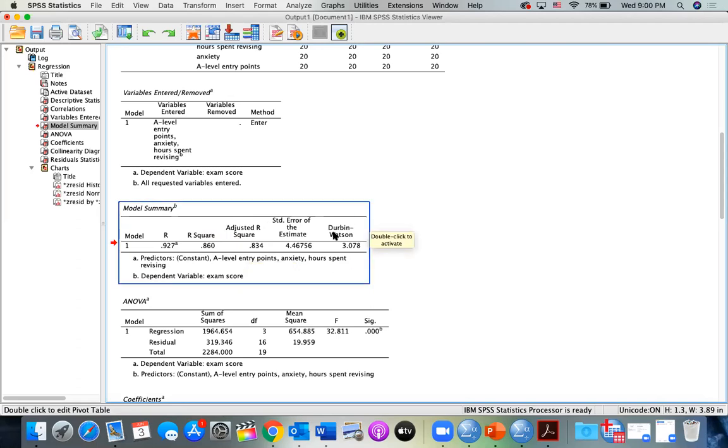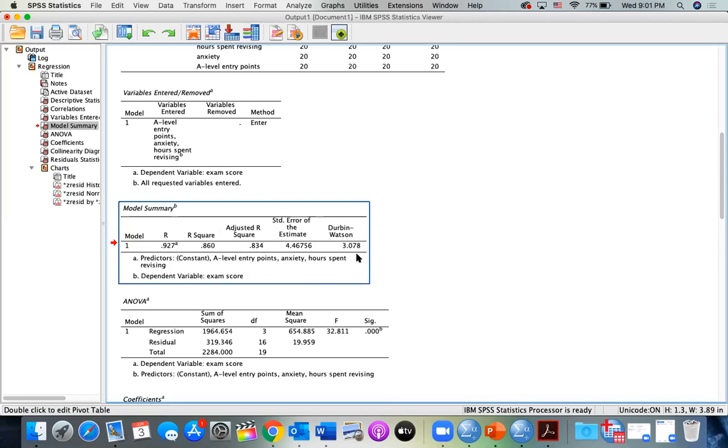Okay, let's move to the Durbin-Watson statistic. So Durbin-Watson statistic is basically used to assess autocorrelation. I should mention that the Durbin-Watson statistic ranges from 0 to 4. If this statistic is equal to 2, this means that there is no autocorrelation problem and the assumption is met.